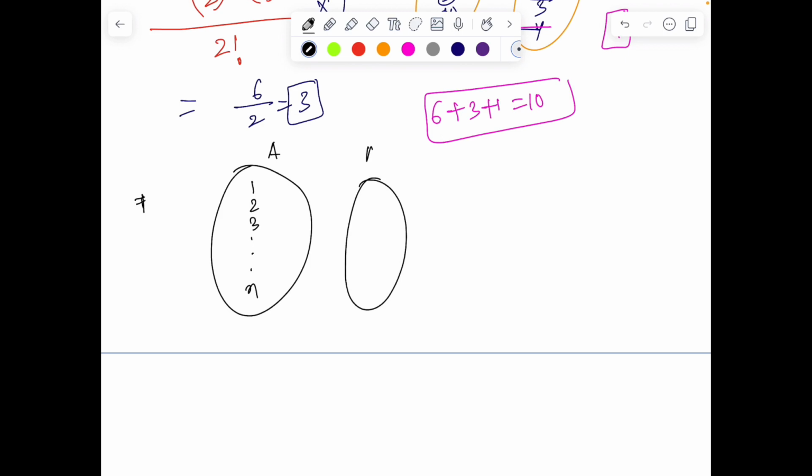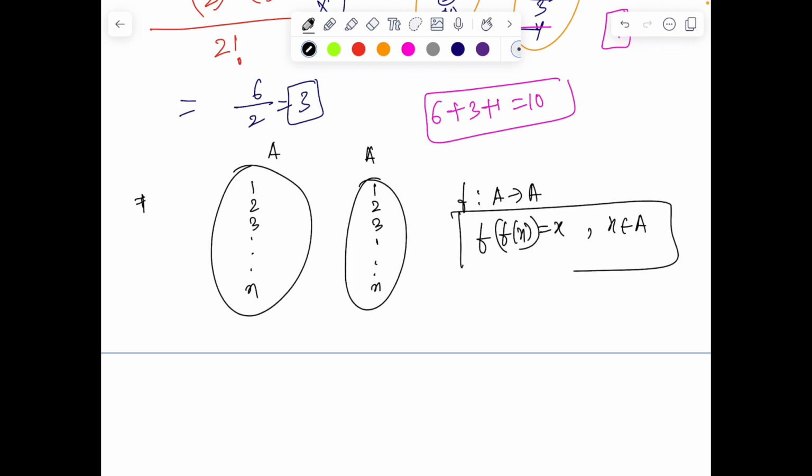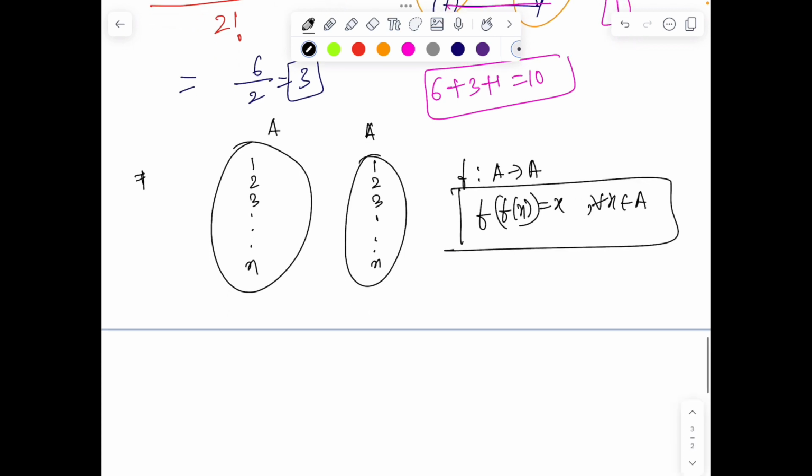In general, suppose set A has n elements, 1, 2, 3 till n, and the function operates from A to A. Now I want f of x to be x, where x is an element of set A for all x. Suppose the number of such functions is a_n.